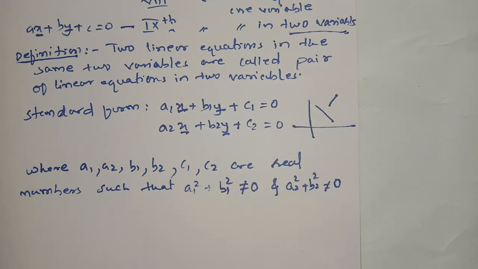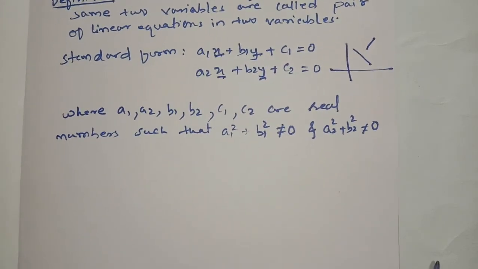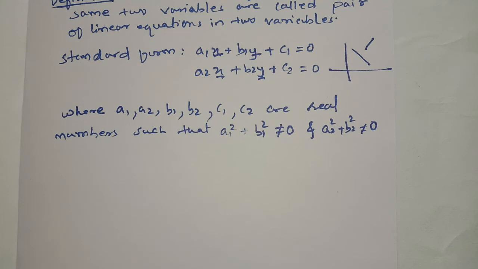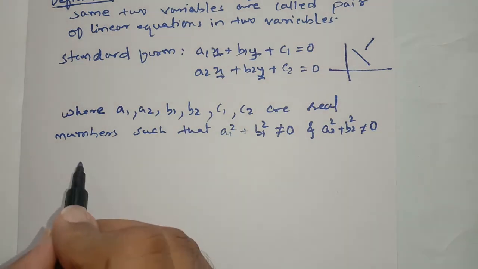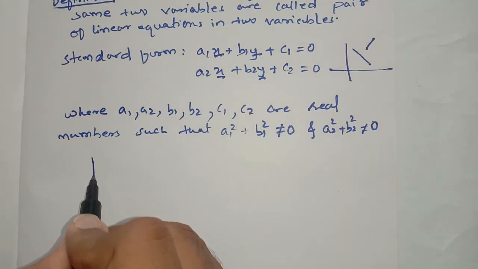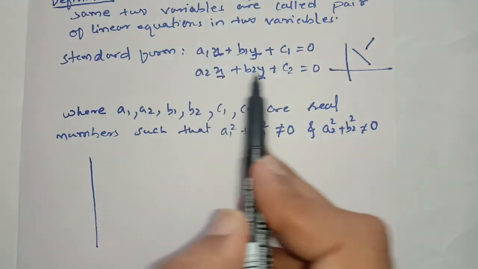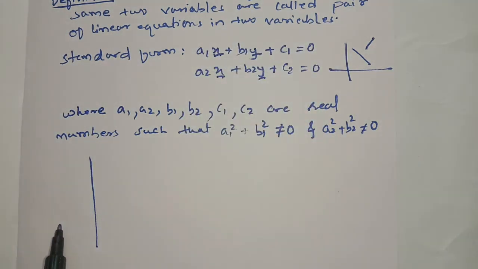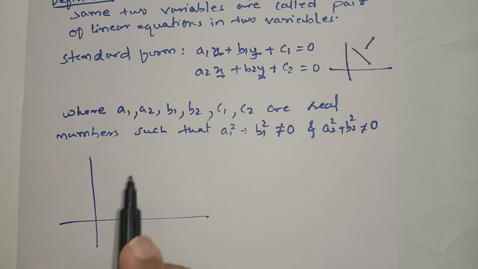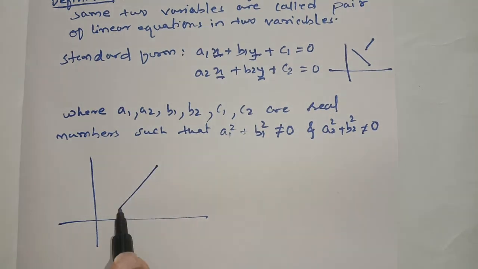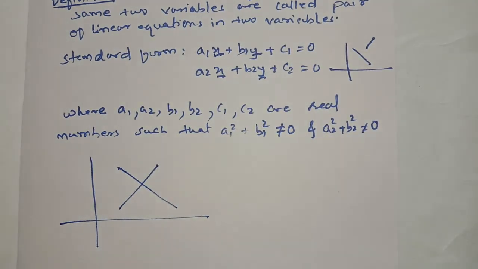And these two lines are of three types. We'll see those three types. One is intersecting lines, student. When you draw the graph of a pair of linear equations in two variables, either you will get intersecting lines like this.